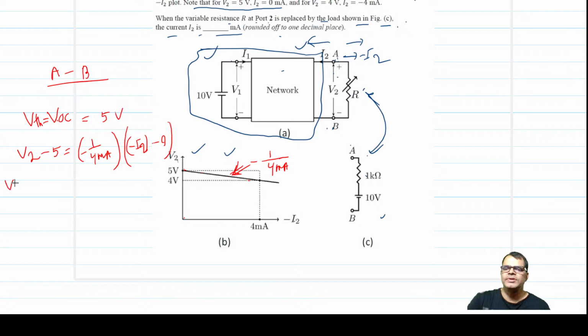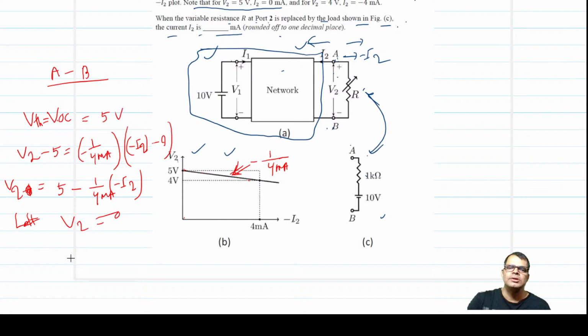So V2 is equal to 5 minus 1 upon 4 milliampere into minus I2. Minus I2 I am taking as a variable, that is, it is flowing into the resistor R. Now how to find the short circuit current? Let V2 equal 0.